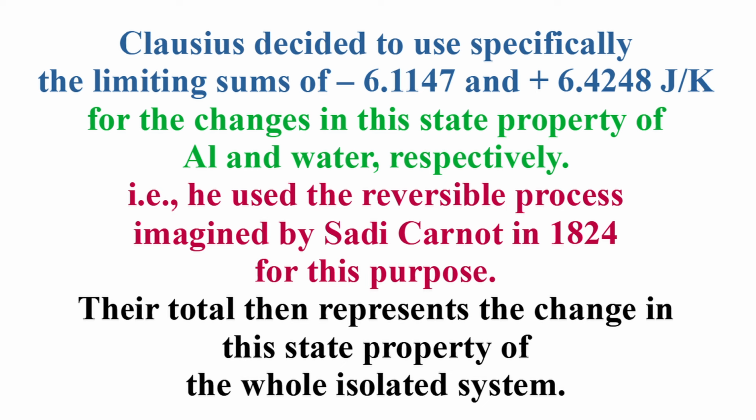Recall that these limiting values correspond to an infinitesimal change dt at every stage of the process, and it is known that such a process is nothing but a reversible process postulated by the father of thermo, Sadi Carnot, in 1824. Their total then represents the total change in this state property of the whole isolated system.